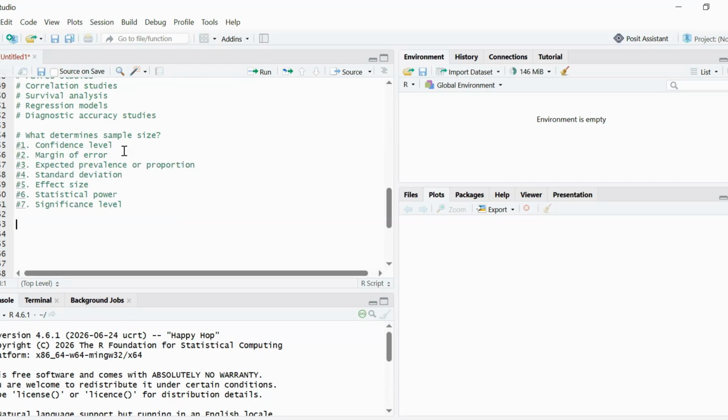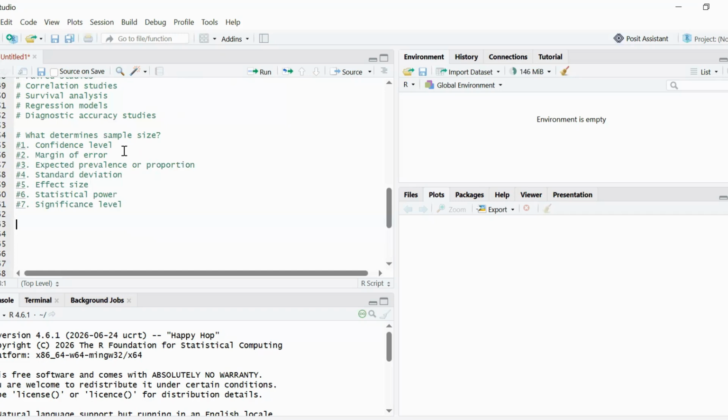So we will explain each of these in separate videos before performing calculations. The next question is, why calculate sample size in R? Many researchers use online calculators. They are quick but often limited.